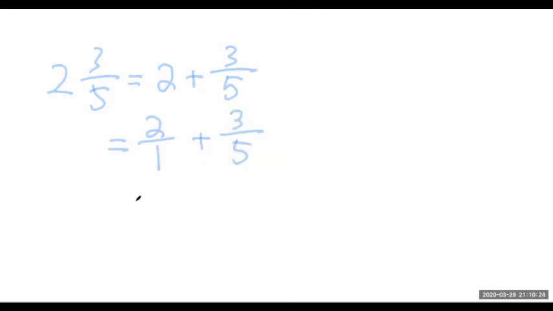How about 2 3/5? That is basically 2 plus 3/5, right? I'm going to rewrite 2 as 2 over 1, so that's a fraction now, and 3 over 5. How do we do that? 1 times 5 on the bottom, then 2 times 5 plus 1 times 3.